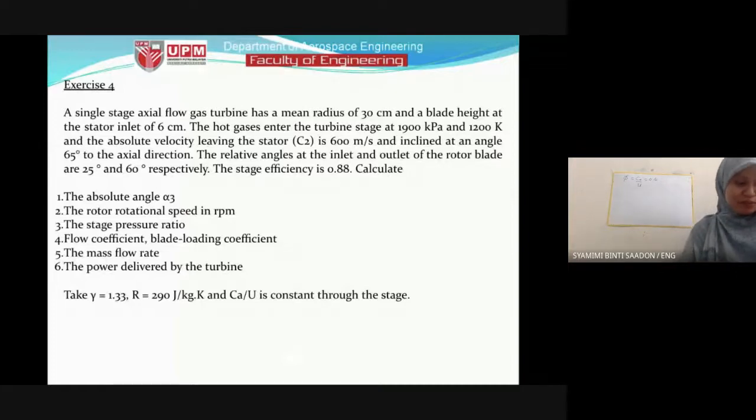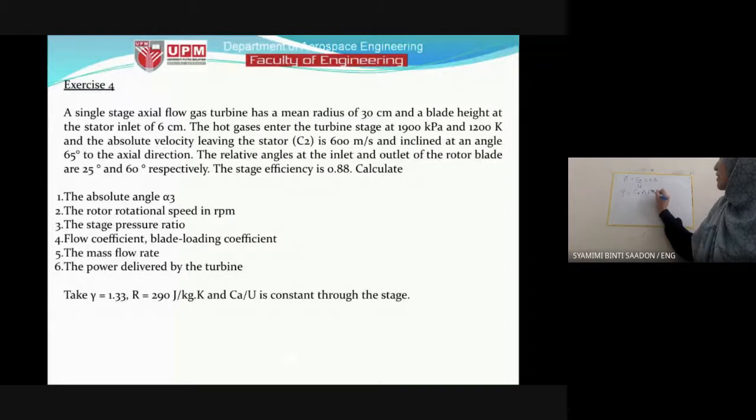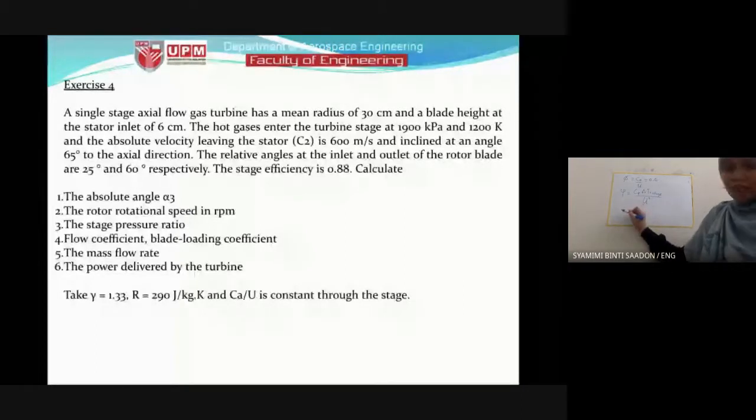And blade loading coefficient is Cp delta T stage over U squared.